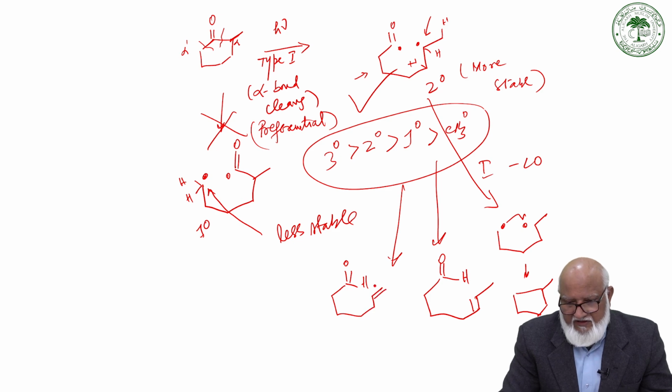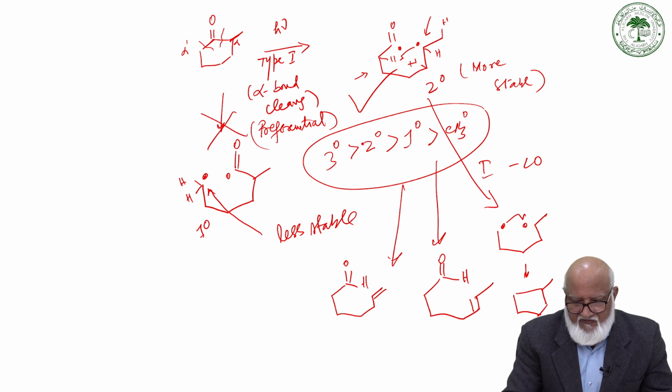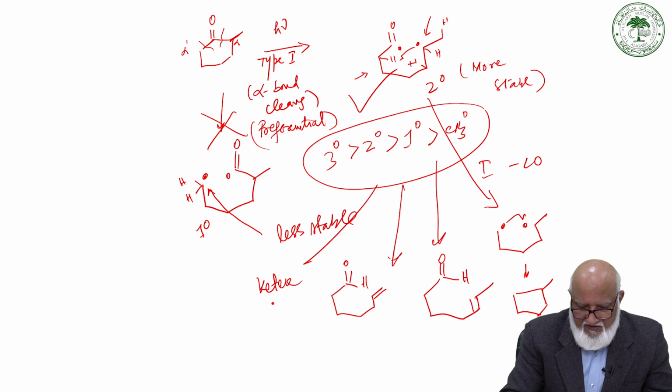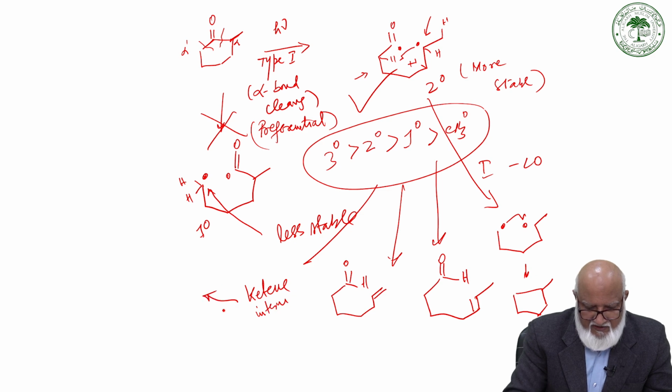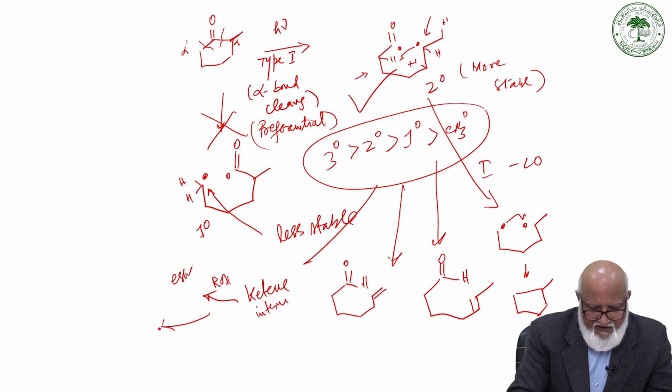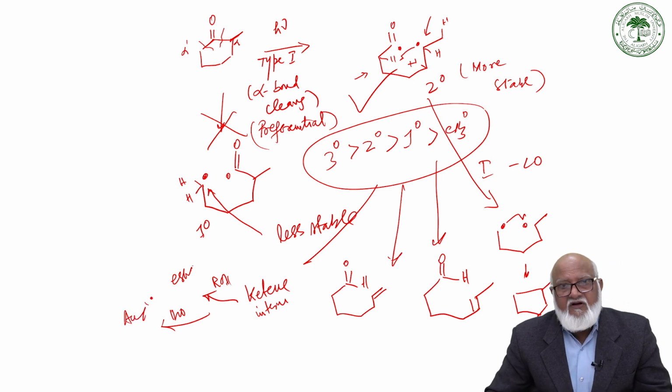It may also give an aldehyde here. This will abstract here to give a ketene intermediate, and then in the presence of a solvent like alcohol it gives an ester, and if there is a small amount of moisture, water, it is going to give an acid.